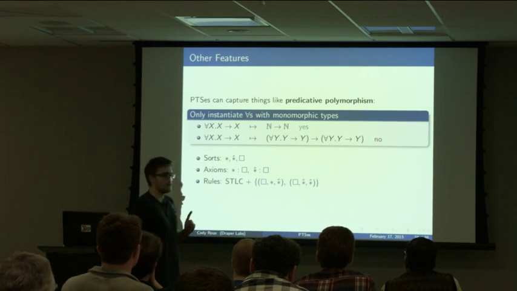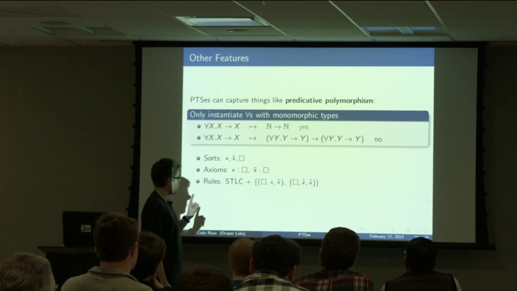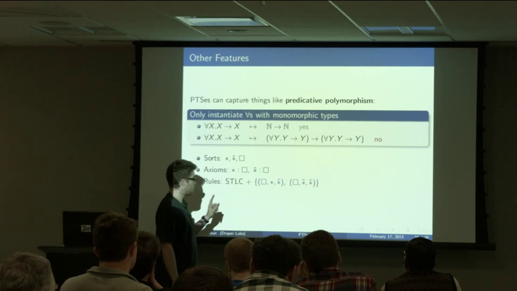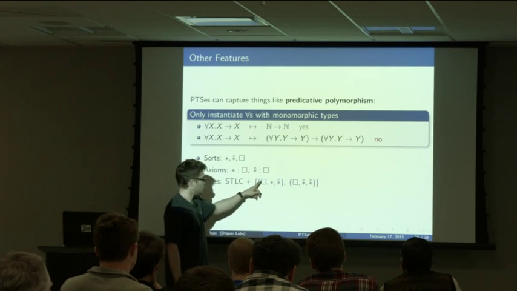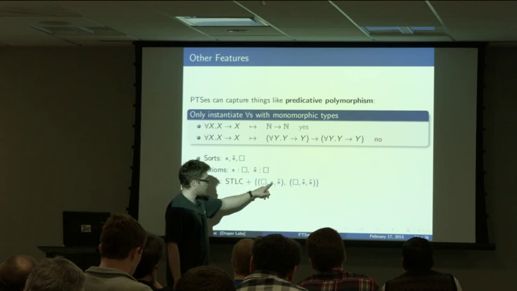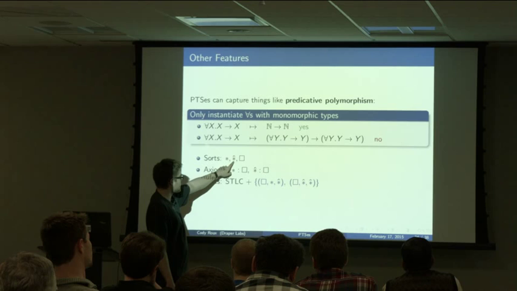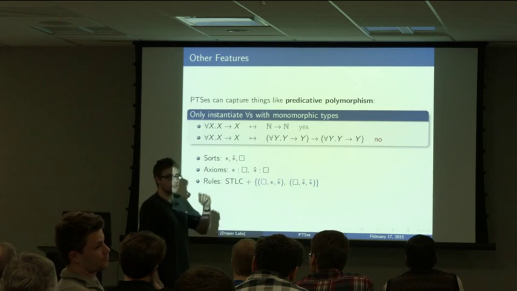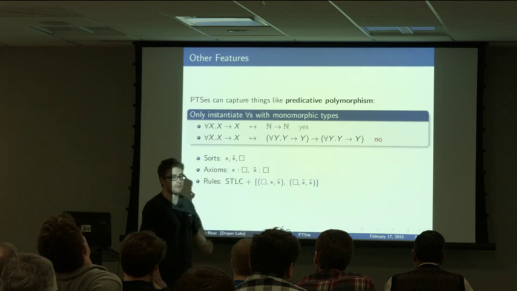How do you do that? This is a very clever trick, and this is where I'm kind of happy that I kept the triples, because you don't have this pattern, K1, K2, K2. What you do is you add this extra star hat, and star hat is intuitively the type of polymorphic types.